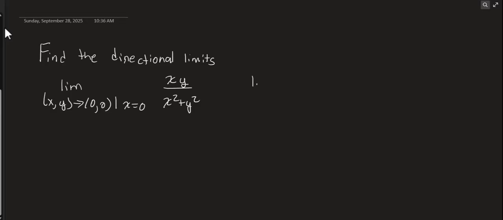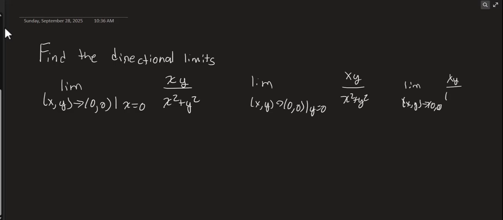And I want to find the limit as xy approaches 0, 0 along y equals 0 of xy over x squared plus y squared. And I want to find the limit as xy approaches 0, 0 of xy over x squared plus y squared along the line x equals y.